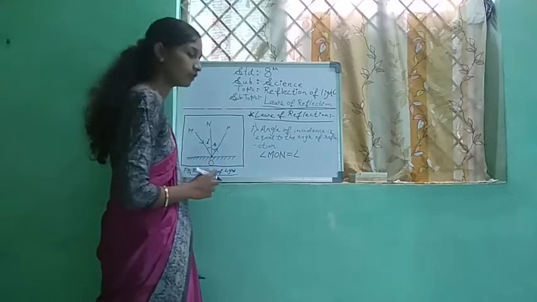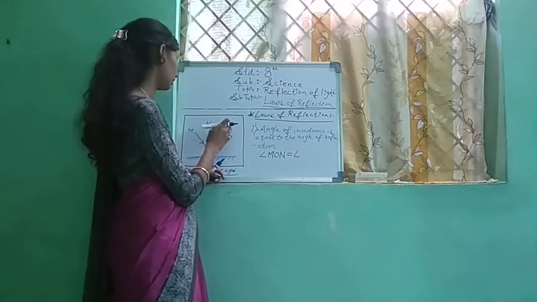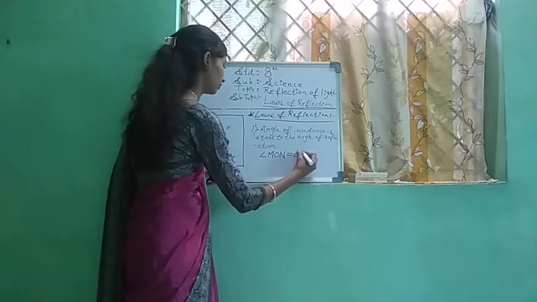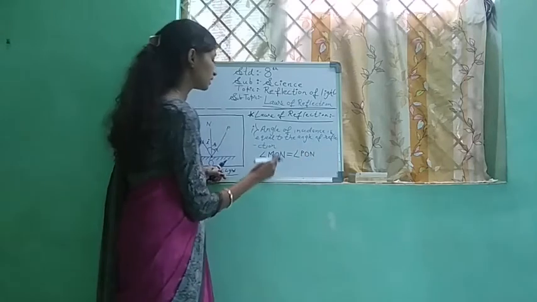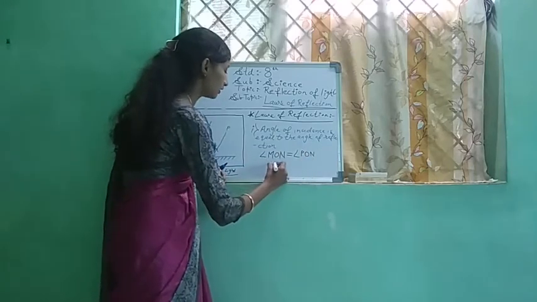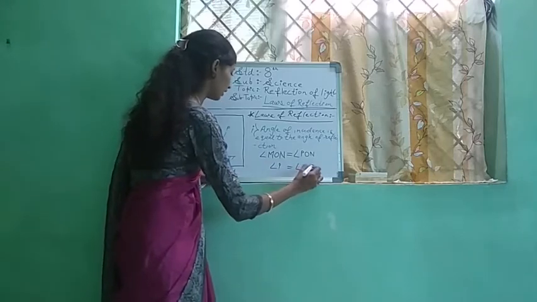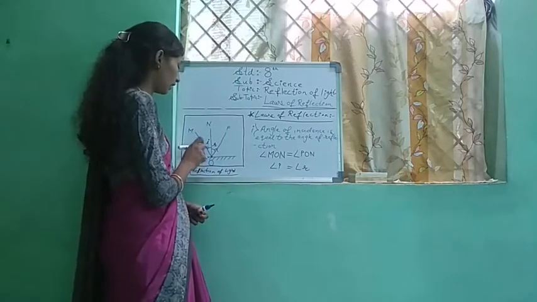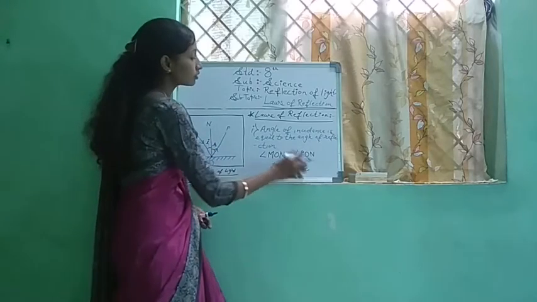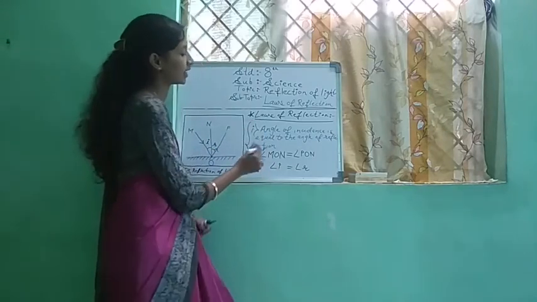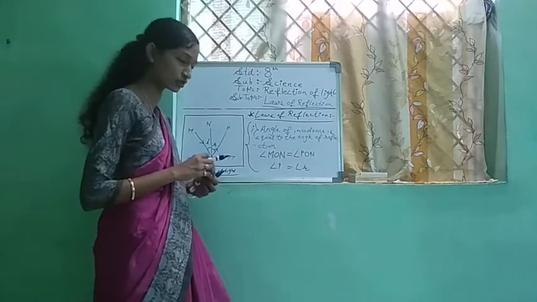This is the angle of reflection. So here angle PON. Means here we can say shortly angle i equals angle r. Here this is angle i, this is angle r. So the first law tells us that the angle of incidence is equal to the angle of reflection.